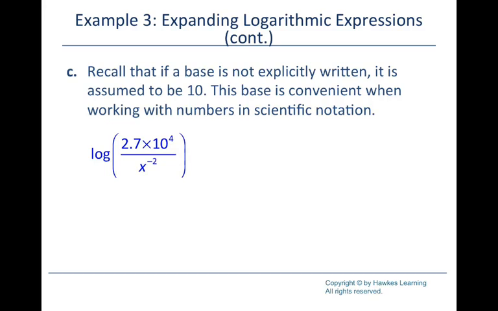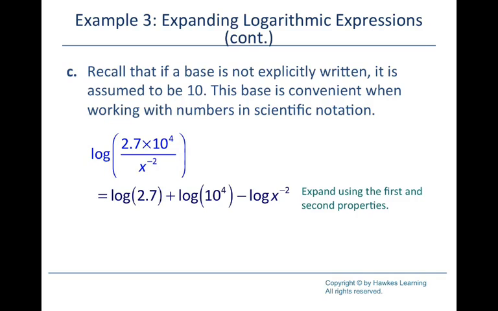Alright, now here we have log, and if it's not explicitly written, we know it's base 10. 2.7 times 10 to the 4th divided by x to the negative 2. Well, if it was me, I'd go ahead and rewrite that x to the negative 2 as x squared, because anything with a negative you can bring to the other side of the fraction line and make it a positive exponent.